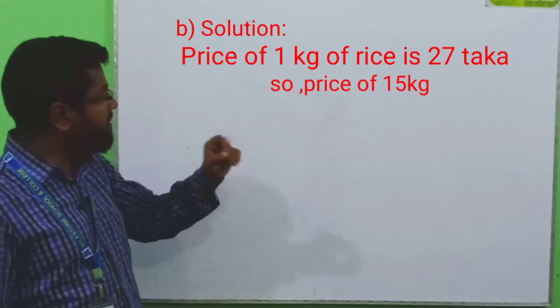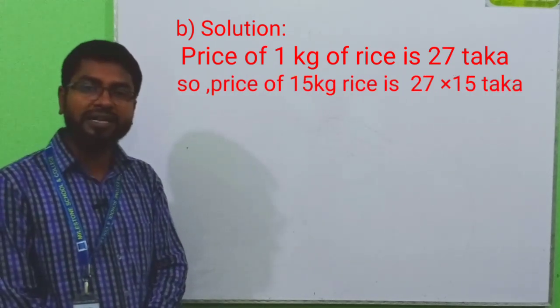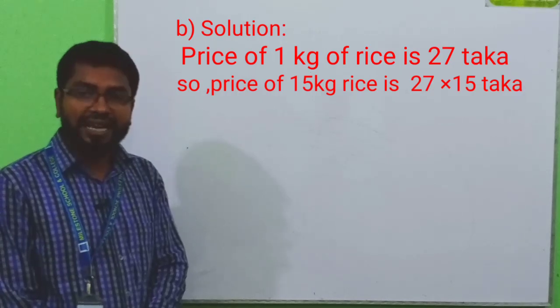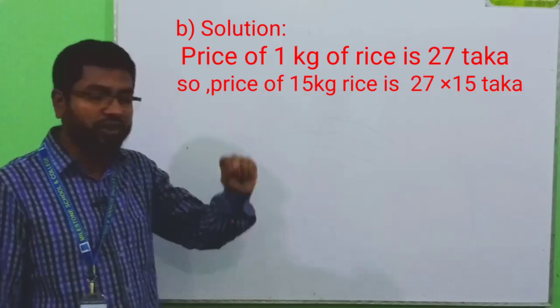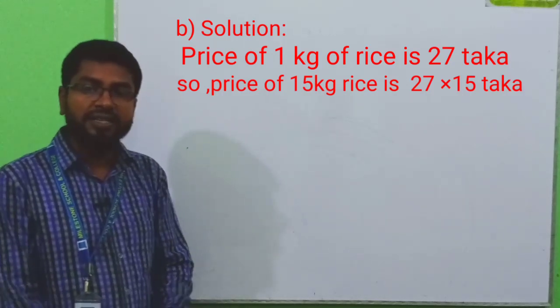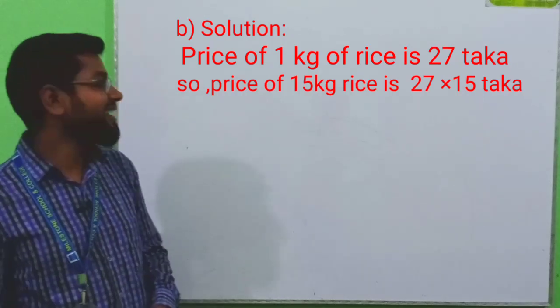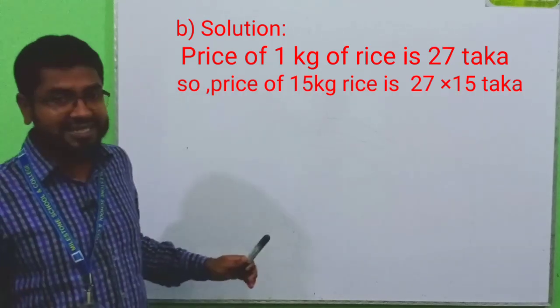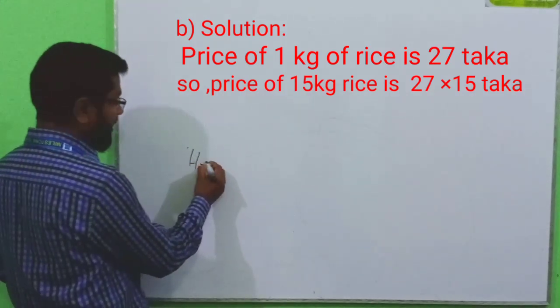So price of 15 kg of rice, what should we do? Multiply or divide? Yes, multiply. Price of 15 kg. 1 kg is given. We need to find out 15 kg of rice. So 27 multiply 15. Yes. Now it's a big number. We need to do raw work, or we will write here.